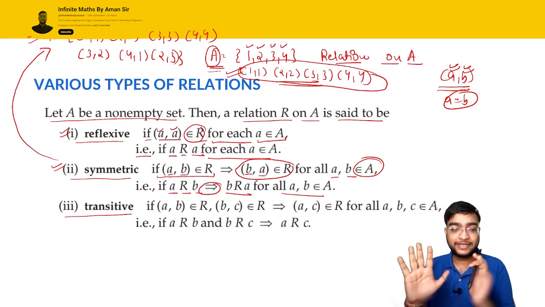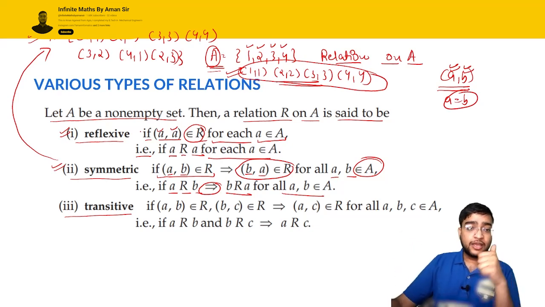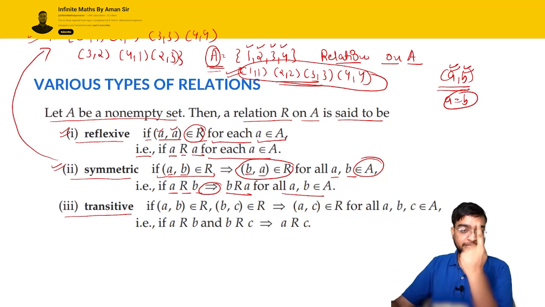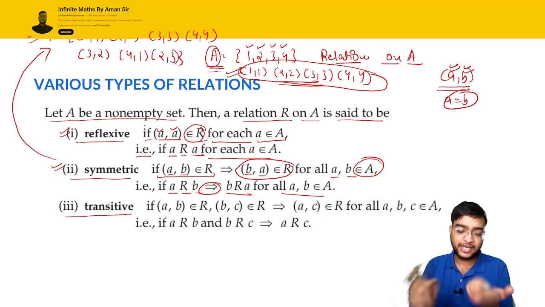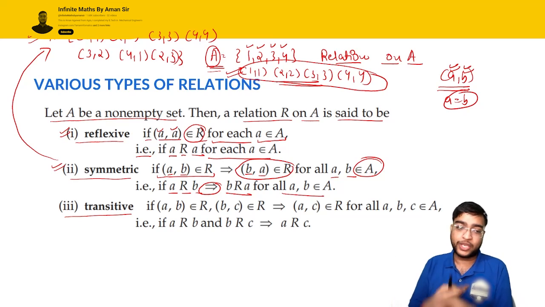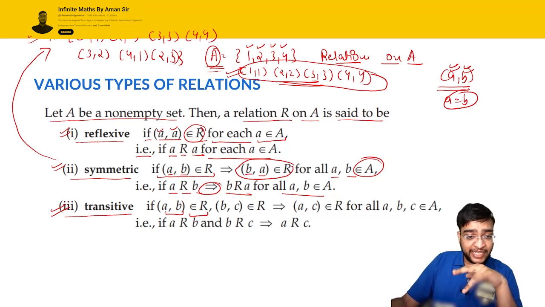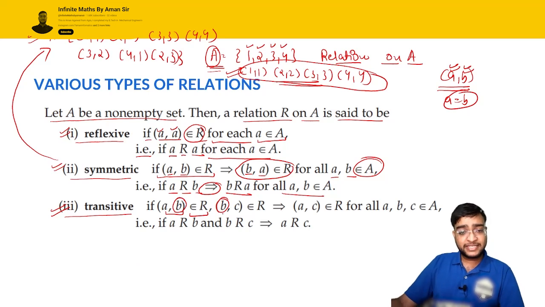Okay, let's see the transitive one. If I take the symmetric one as one condition, what is that condition? If (a, b) is here, then (b, a) must be here. For the transitive one, we say there is (a, b) in the relation, and we take these values as the same and say this is also in my relation.